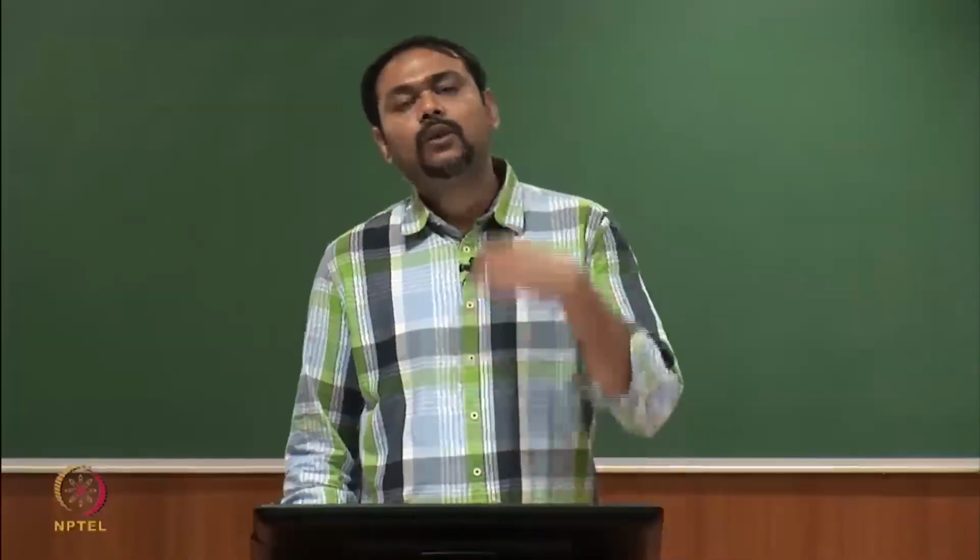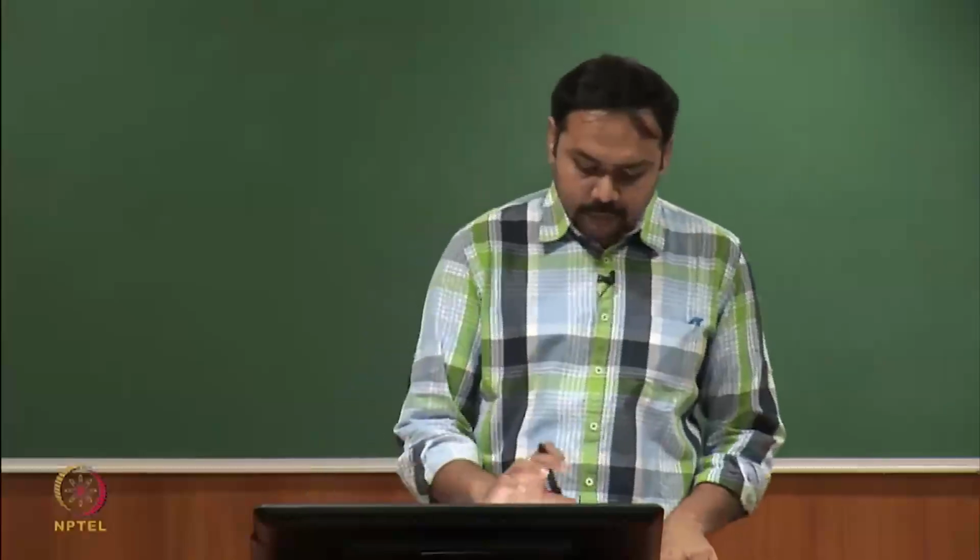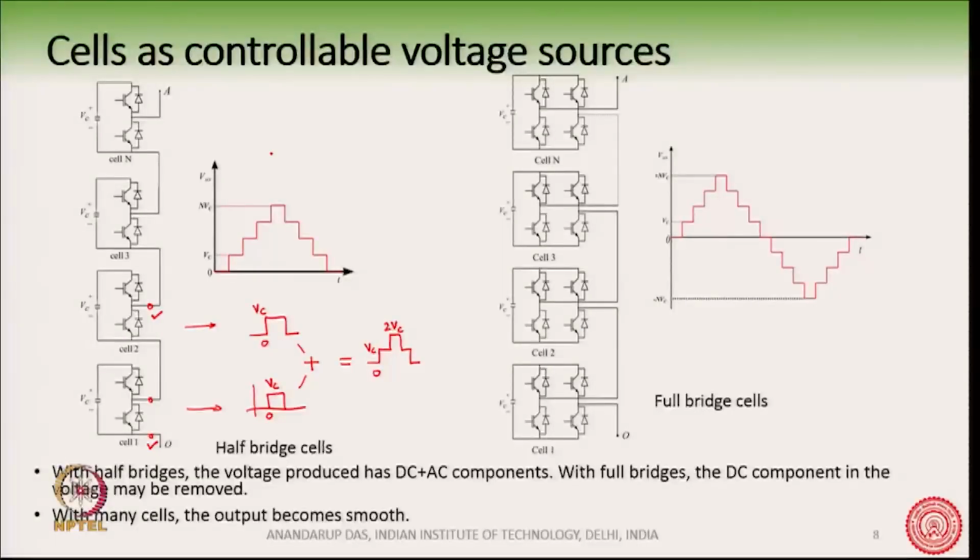If n is for example 100, then we can go up to 100Vc. That is quite a high voltage which can be obtained between the point A and O, that is the arm voltage can be quite substantial in magnitude when the number of cells is quite large.